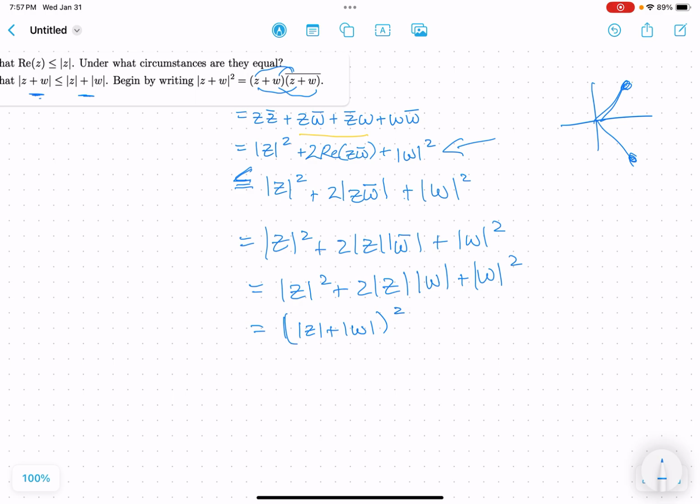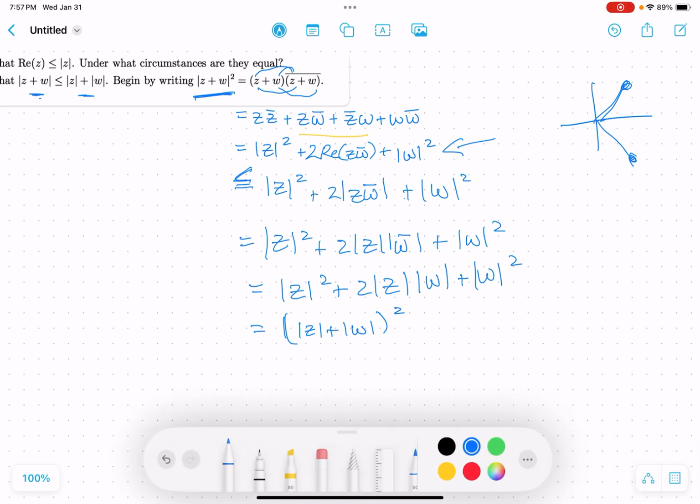So what have I got? So at the moment, if I put this back in, you might be able to see it. I've got this, Z plus W, modulus of it all squared, is less than or equal to, because we did put that here, we do have our less than or equal to.